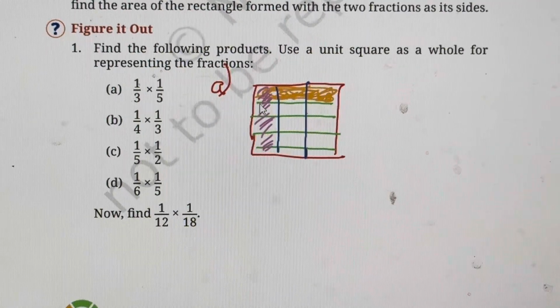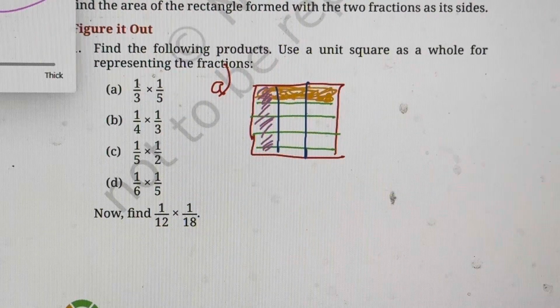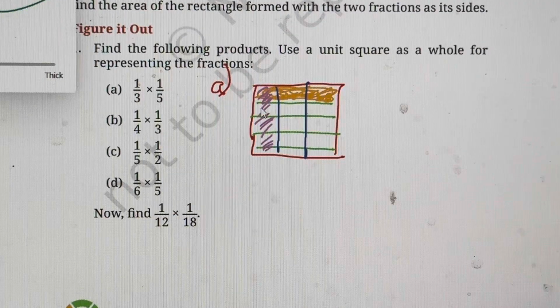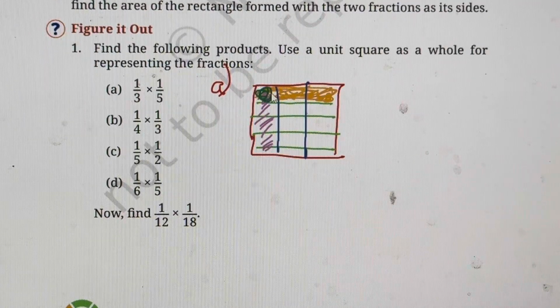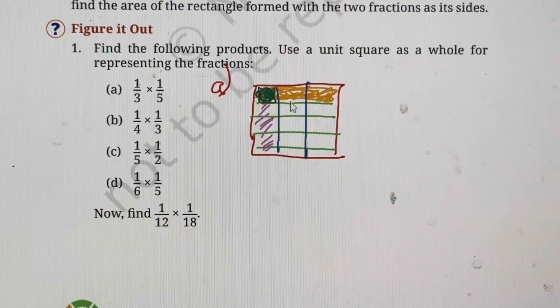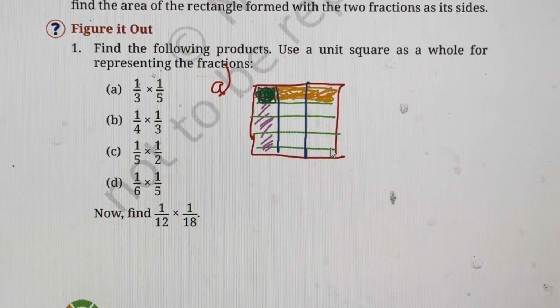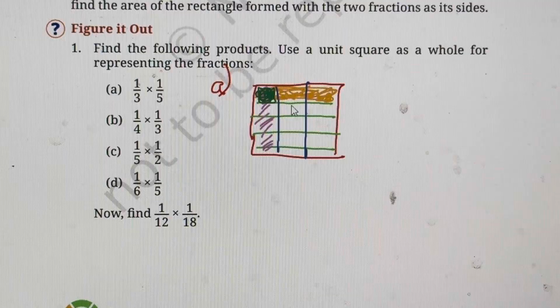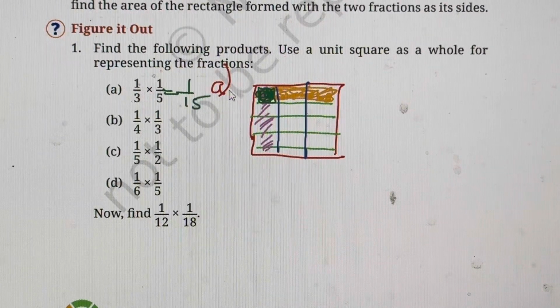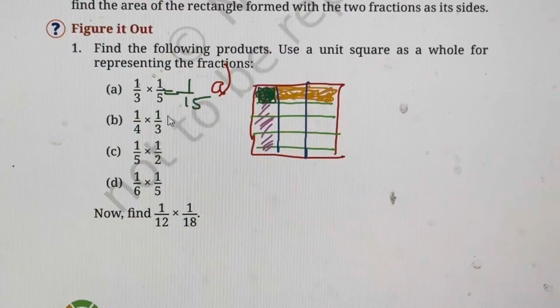Now, which is the common portion? The common portion is this 1. Now 1 is out of how many total small squares? 3 fives are 15. So this represents 1 upon 15. So the answer is 1 upon 15 for question number A.